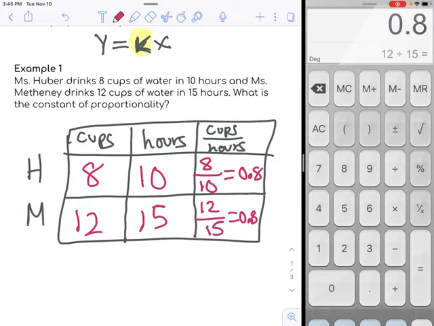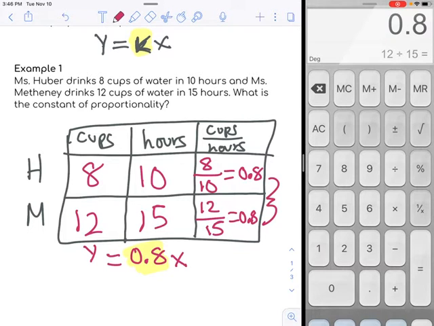So what this is saying is that my cups, which would be my y, equals 0.8 times x, which is my hours. So my constant, my k here is 0.8, and it is a proportional relationship because our constant here is the same, 0.8.